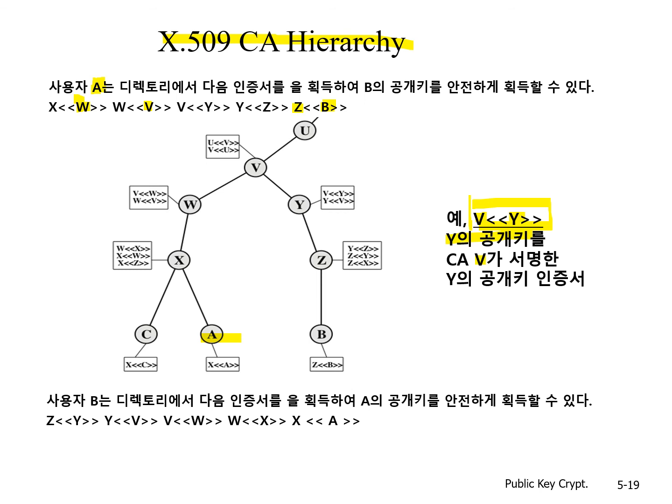Once she obtains V's public key, it enables her to obtain Y's public key. Once she obtains Y's public key, it also enables her to obtain Z's public key. Then using Z's public key, she obtains Bob's public key securely. Okay, so this is a hierarchy.